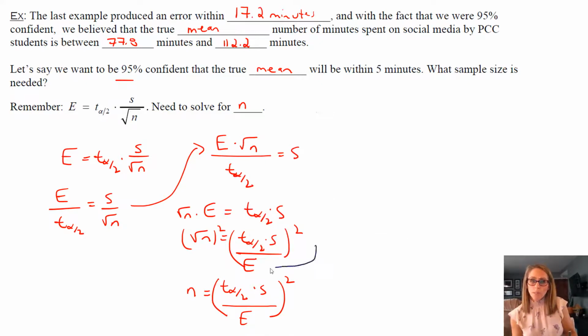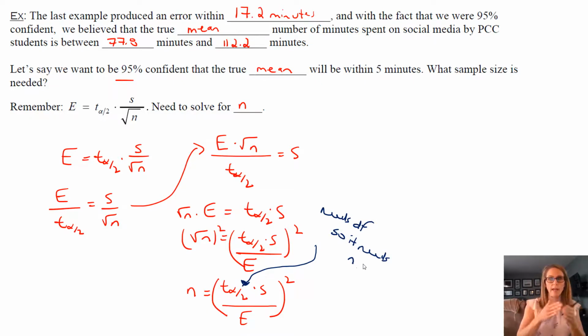And that's because when we think about this t-value from the last few problems we've done, it needs degrees of freedom. So it needs n. So how do you find a piece for a problem that is supposed to help you find n that needs n? That's the problem.